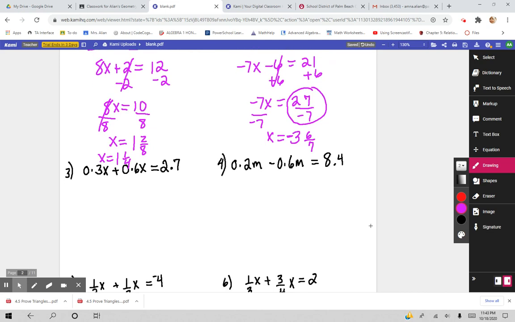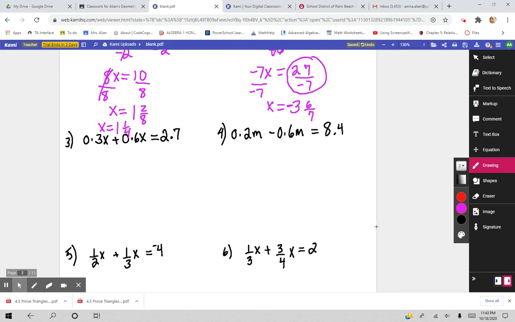All right, let's keep going. So here we have decimals. So these two terms are like terms. We can combine them, giving us 0.9x equals 2.7. Divide both sides by 0.9. x equals 3.